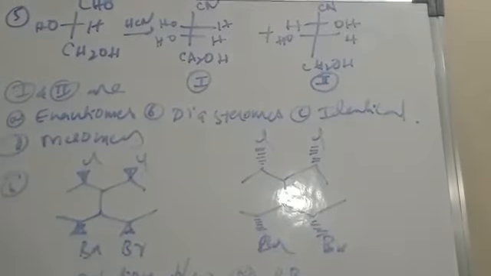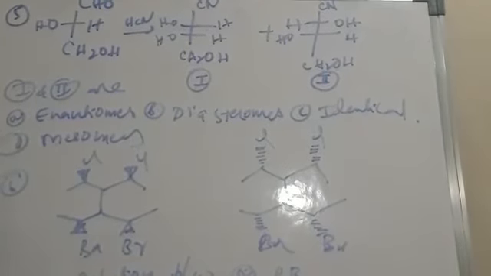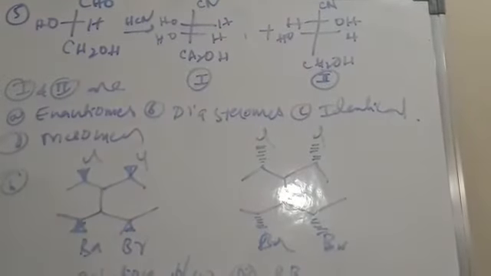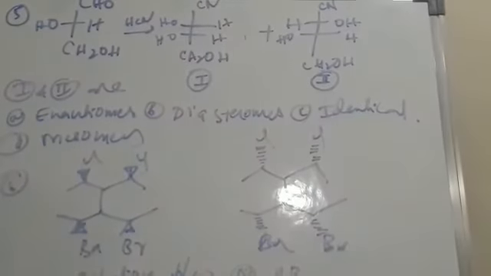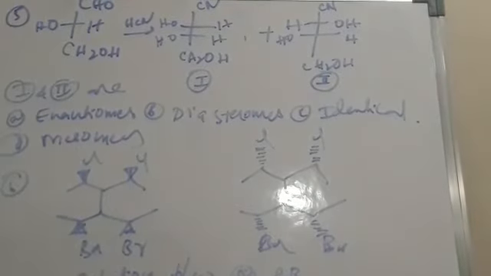See here, 1 and 2 both have the same molecular formula, but these 2 are non-superimposable, non-mirror images. They are not superimposed with each other and they are not mirror images of each other. So that's why diastereomers.